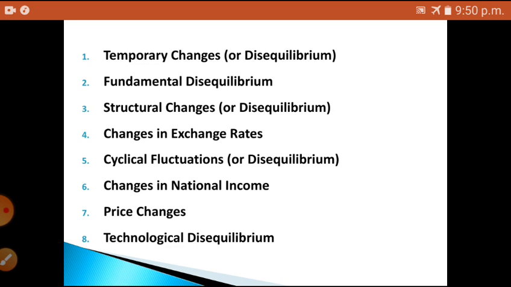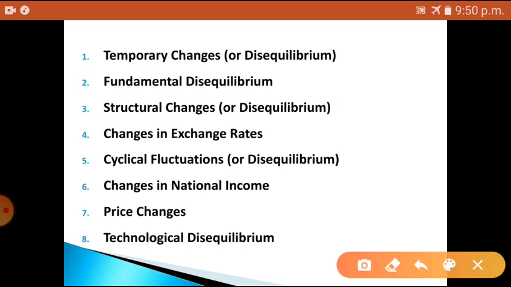Okay, third is structural changes. The third cause is structural changes or disequilibrium. Structural changes bring about disequilibrium in BOP for the long run.